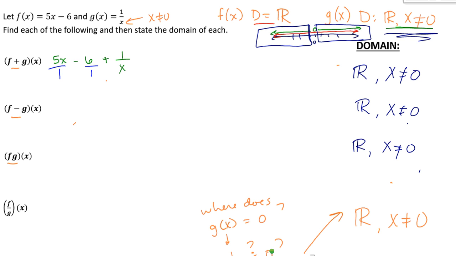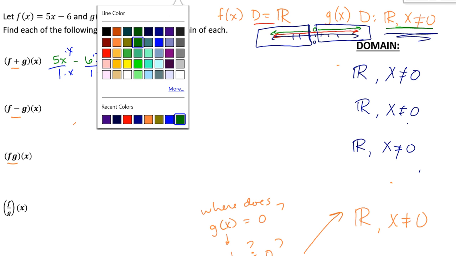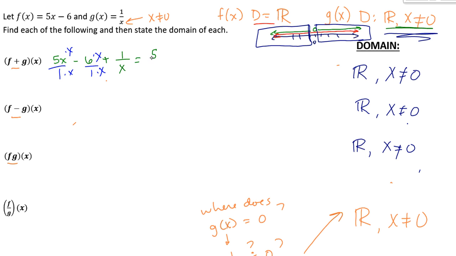He doesn't have an x, so I'm going to multiply by x on top and bottom, which becomes 5x squared over x, minus 6x over x, plus 1 over x, which becomes 5x squared minus 6x plus 1 all over x.